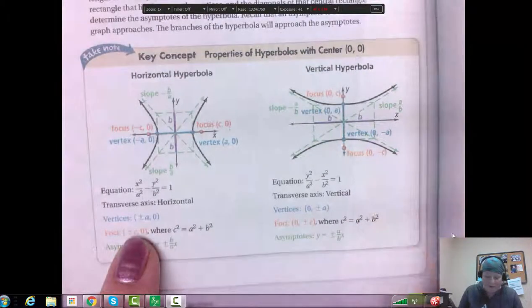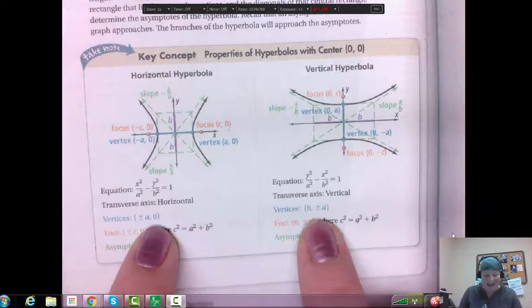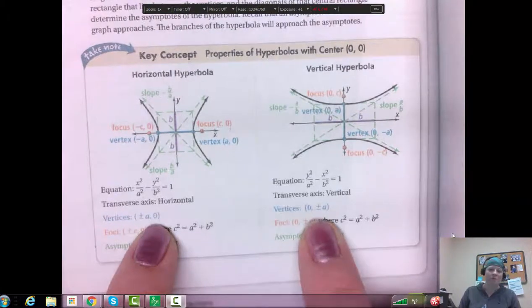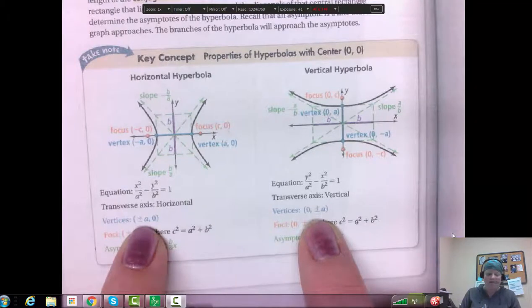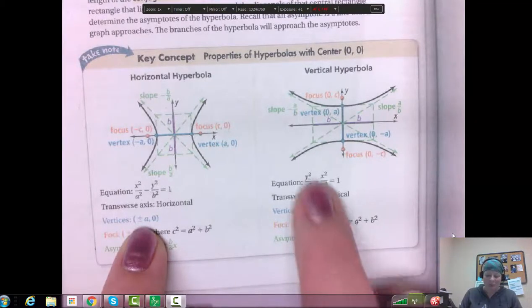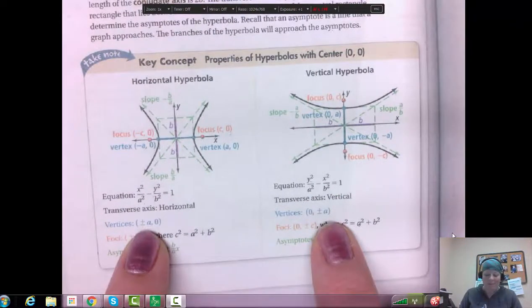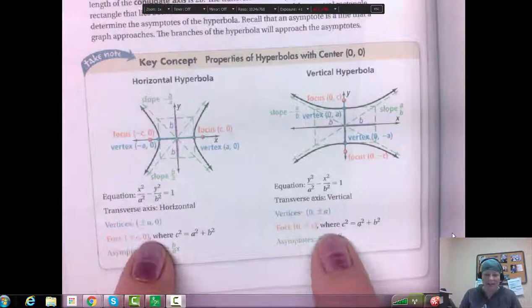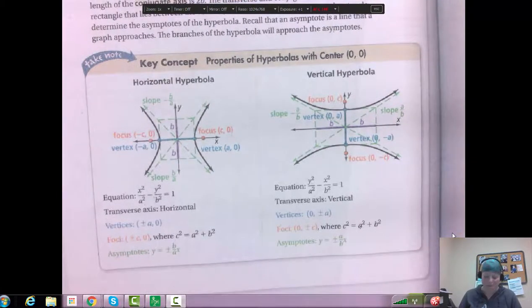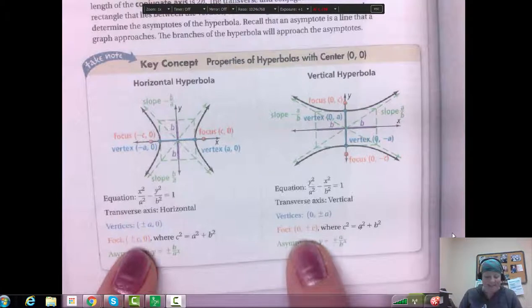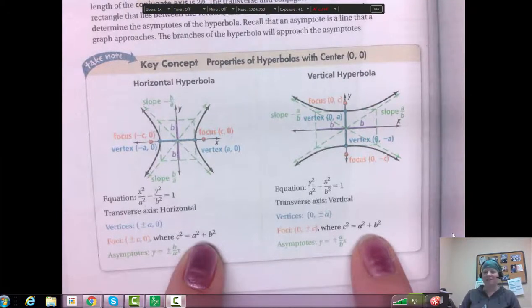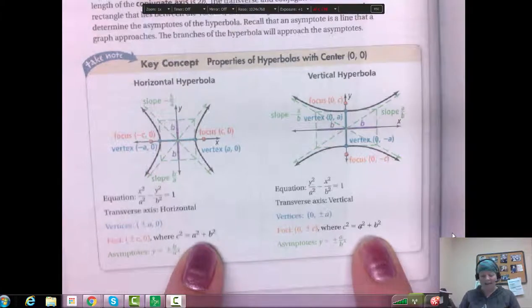Those are found at a, the larger number under x or y, depending on which side. If it's under the x, then the vertices are on the x. If it's under the y, they are on the y. Now remember, it's a squared here, so you take the square root of that number. The foci is the same as before, except now it's a plus to find c, versus the minus that we had in the ellipse.